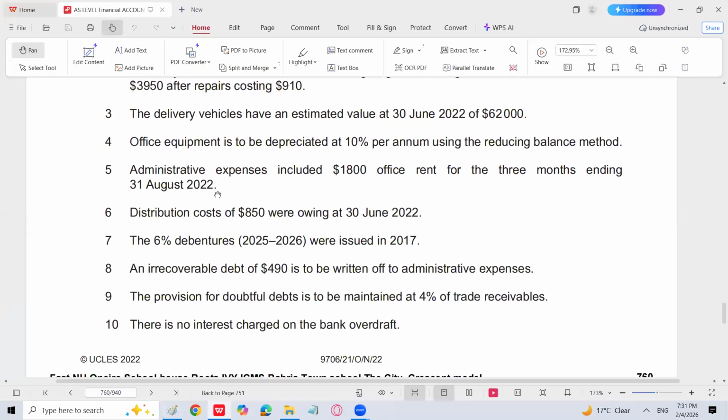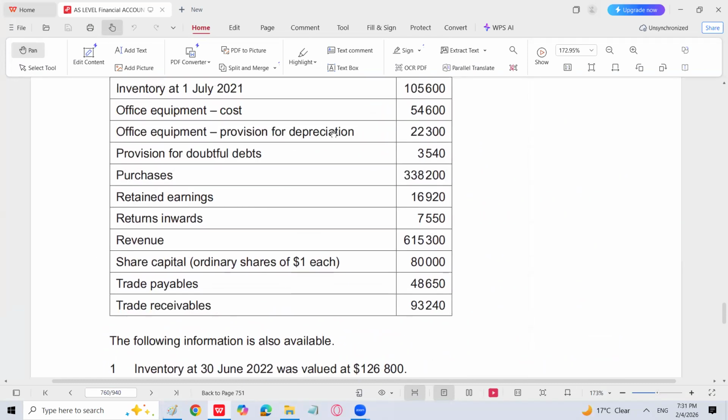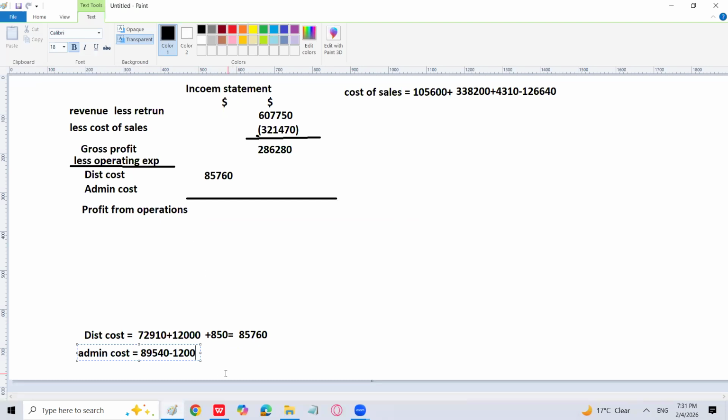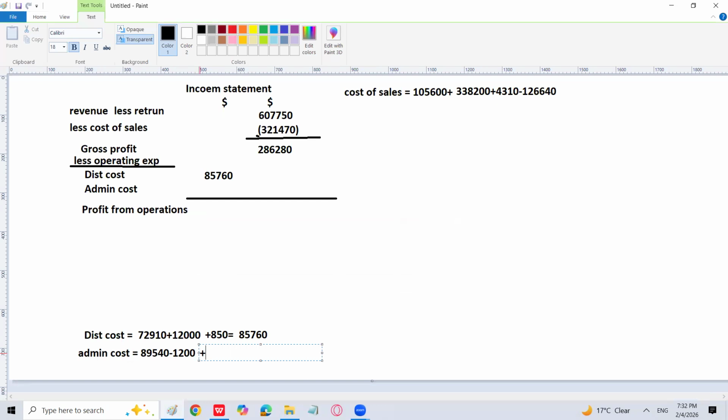Then depreciation on office equipment, 10% using reducing balance method. Let's calculate: 54600 minus 22300. This will become 32300 after subtraction. 10% of this is going to be 3230, so 3230 is the depreciation.